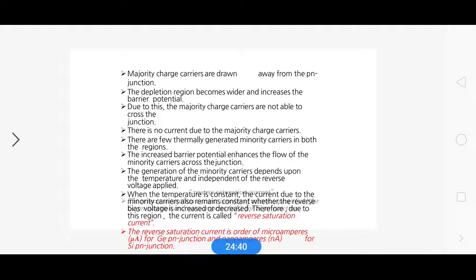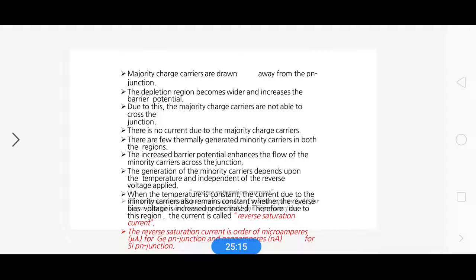These electrons and holes are repelled by the negative and positive terminal of the battery. Am I clear? The electrons are repelled by the negative terminal, the holes by the positive terminal of the battery.